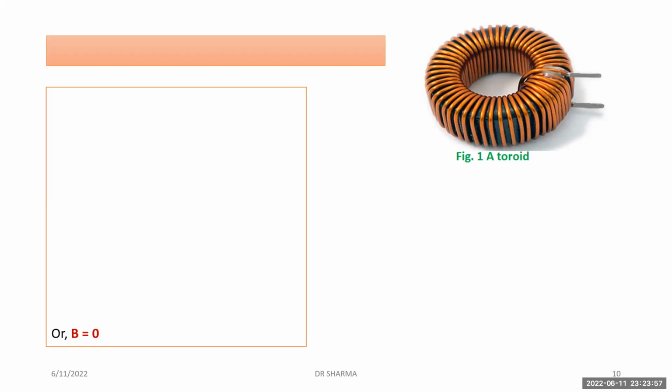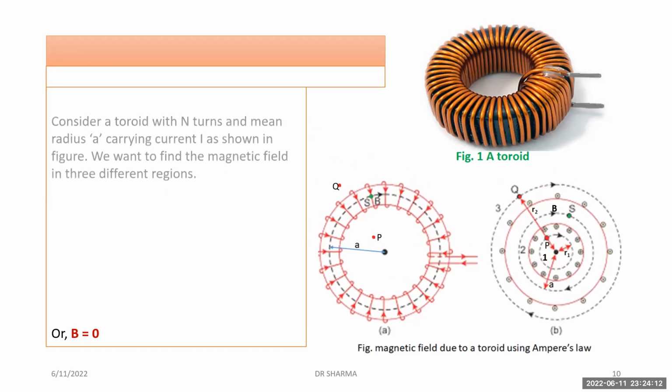Capital N would represent the total number of turns in that toroid, and small n would be the number of turns per unit length of the toroid.